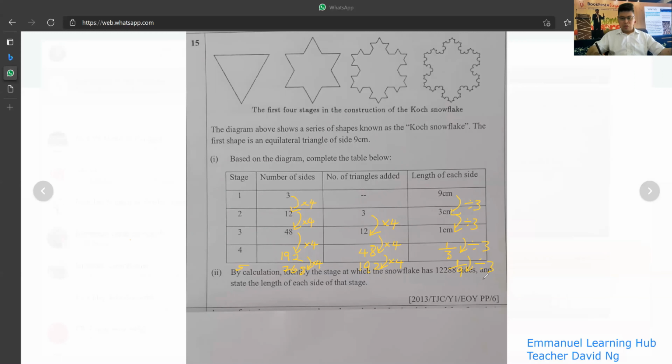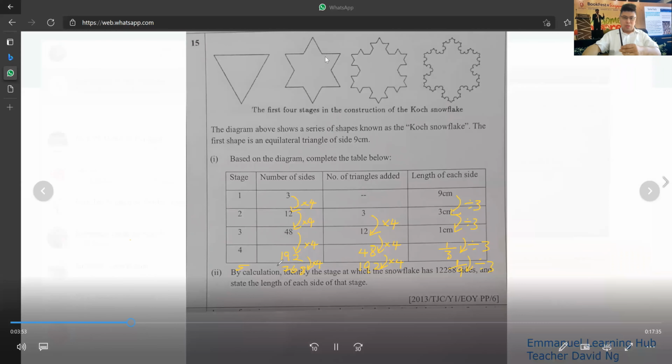The reason is that you're going to need it later on to test check the formula that you have obtained. Because the more data you have, the better it is for you, so that you have more data to test check your formula.